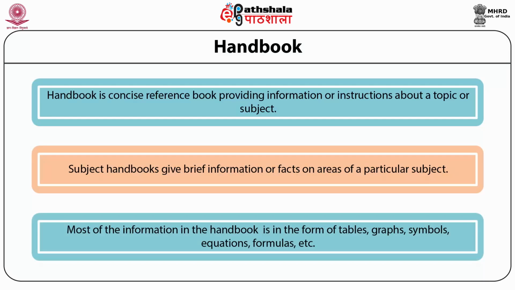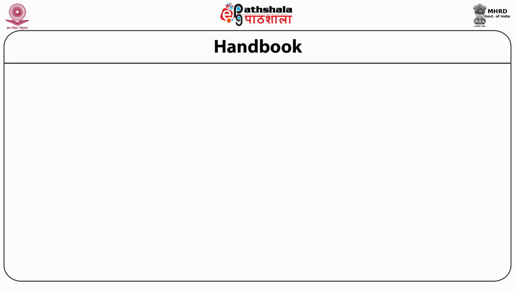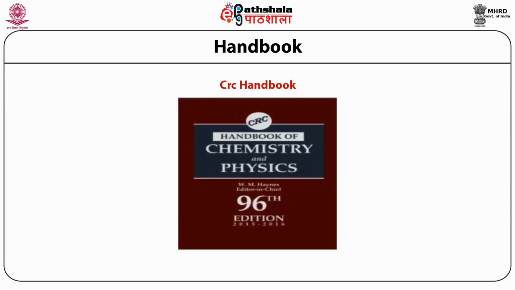Most of the information in the handbook is in the form of tables, graphs, symbols, equations, formulas, etc. Handbooks are meant for practitioners and professionals working in an industry or a laboratory. They are designed to be easily consulted and provide quick answers. CRC brings out a large number of handbooks for practitioners.